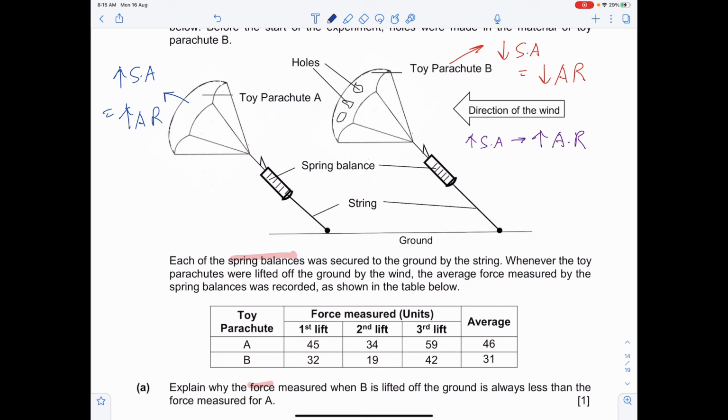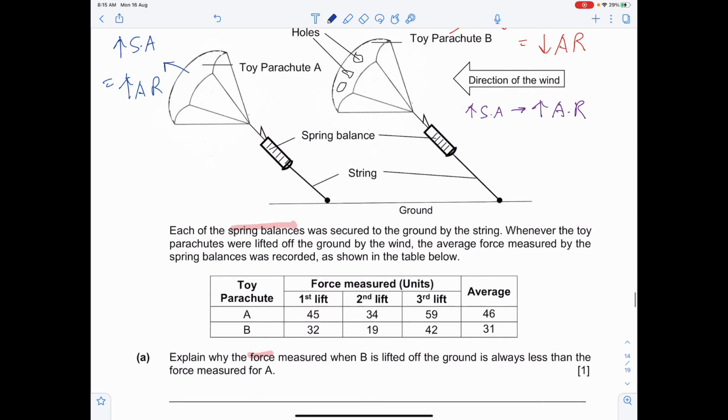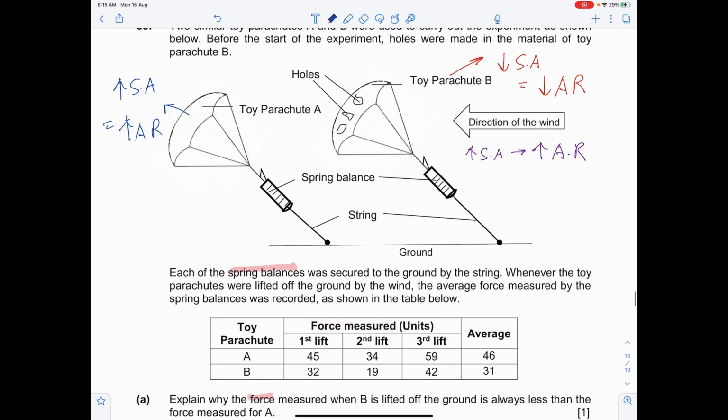The measured variable in this case is the amount of force on your spring balance. And your change variable is the amount of surface area, determined by whether there are holes or no holes.